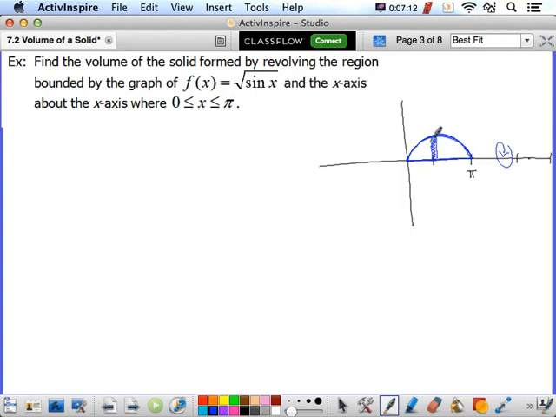The height of this rectangle, that's going to be capital R. That's how you'll calculate capital R. They told us this time just to go from 0 to pi, so this is your A, this is your B, the width of this rectangle is your dx, and the height is your capital R. So we're going to plug into the formula, capital V equals pi integral from A to B of R of x quantity squared with respect to x, because we are doing a horizontal axis of revolution.